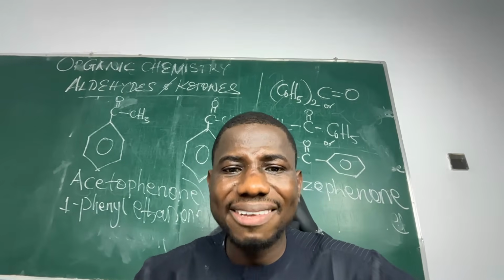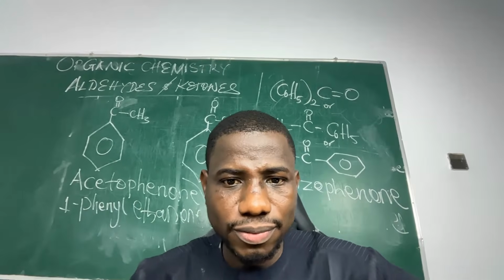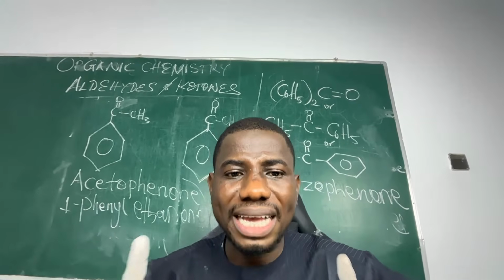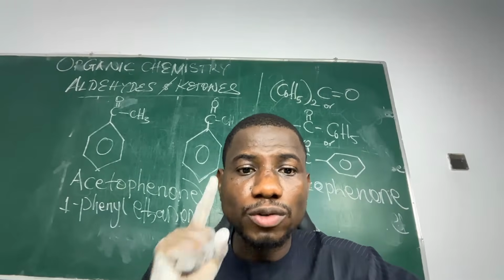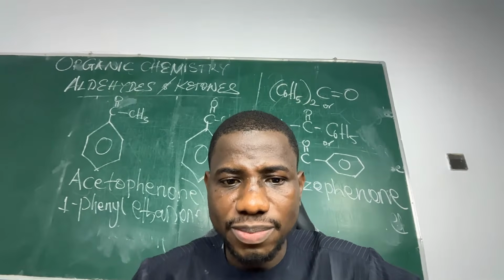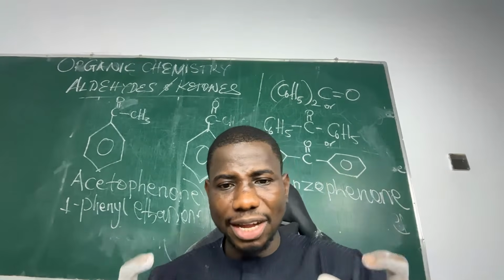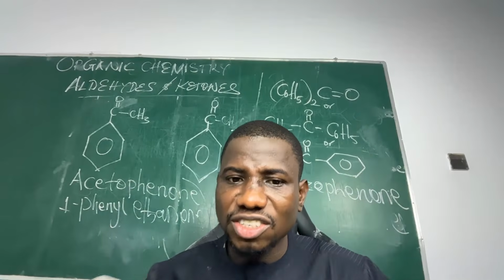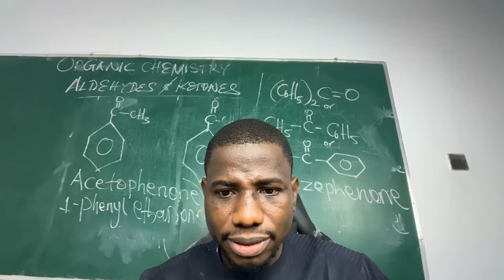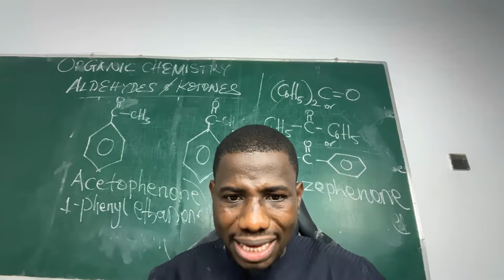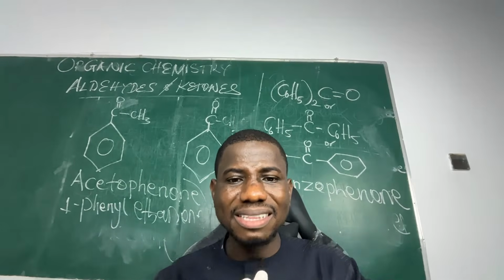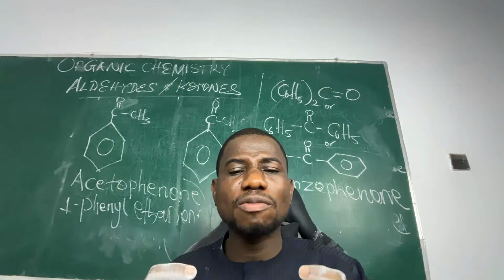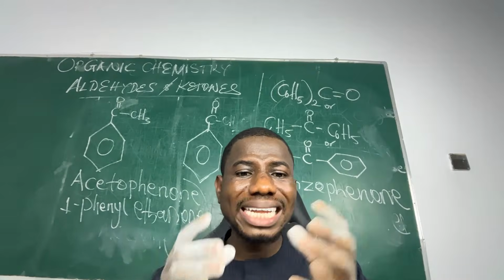Both aldehydes and ketones are carbonyl compounds because they contain the carbonyl group, that is C double bond O, carbon and oxygen. Since oxygen is more electronegative than carbon, the carbonyl group is polar. And it is this polarity that is responsible for many of the characteristic reactions of aldehydes and ketones.